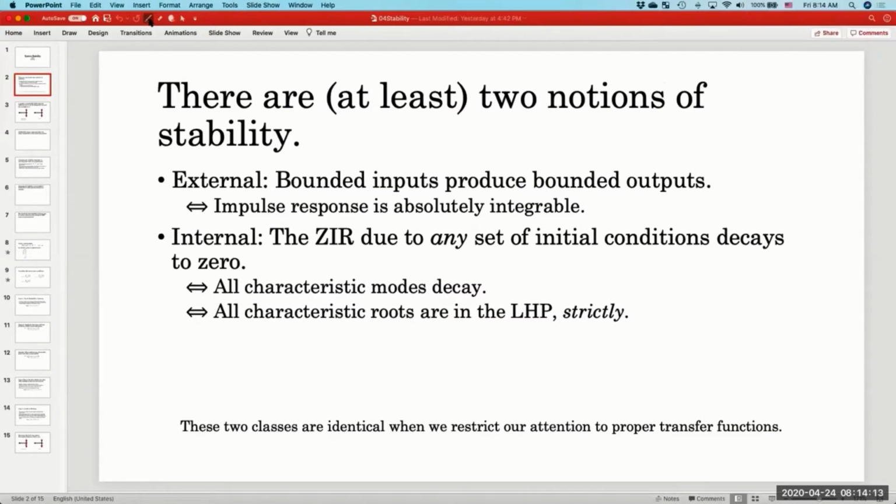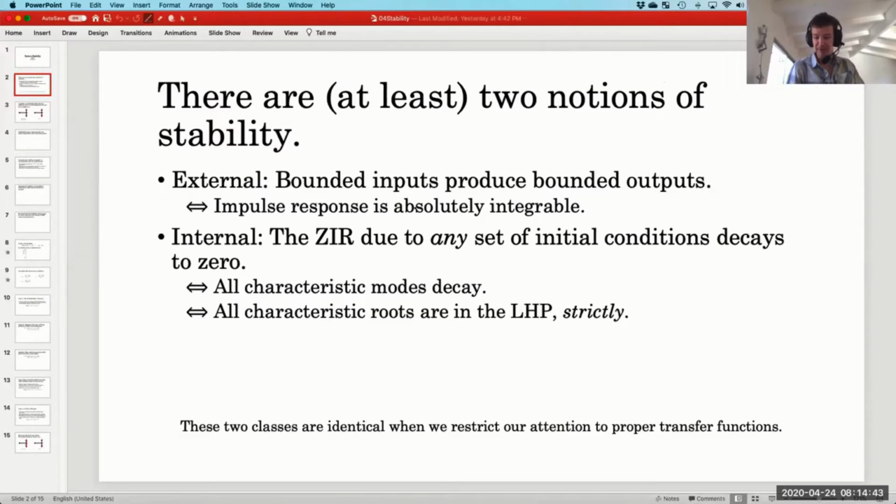Yeah. Okay. So just to recap, external stability has to do with if something is applied externally to the system, does the system go crazy or not? Now, the caveat that we're going to put on that is that the only thing that we're allowed to put in this notion are not crazy inputs. Therefore, if you put in a not crazy input, you should get a not crazy output.